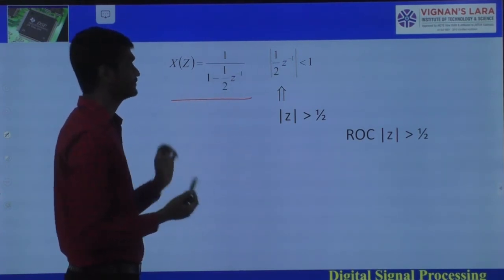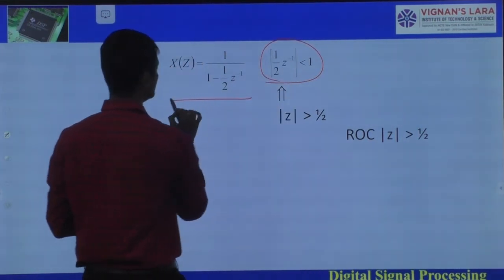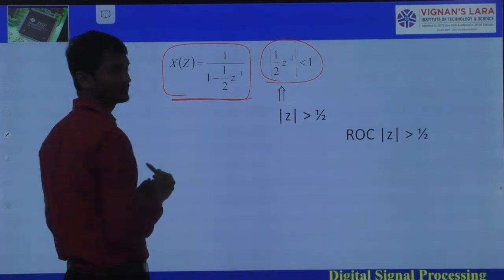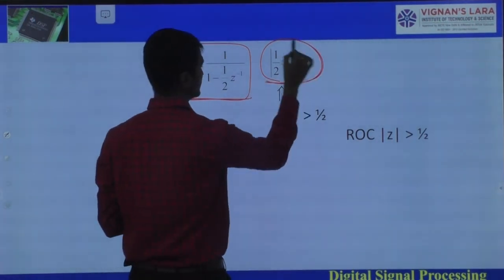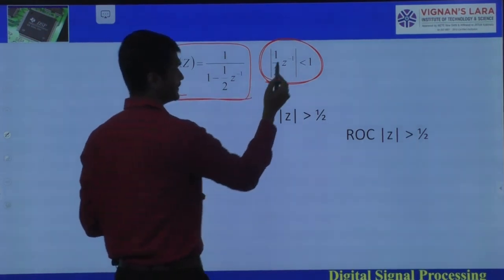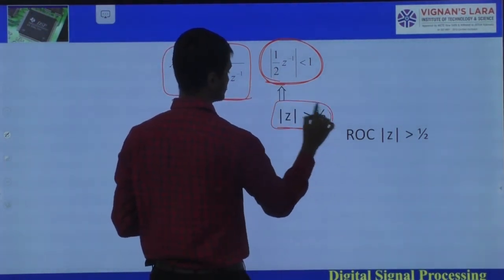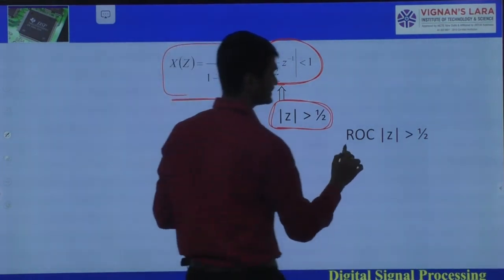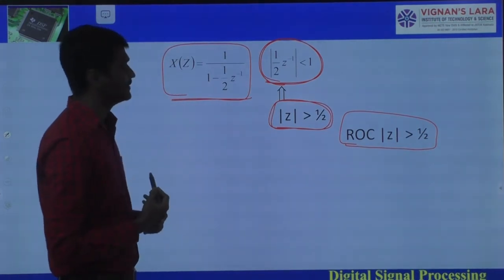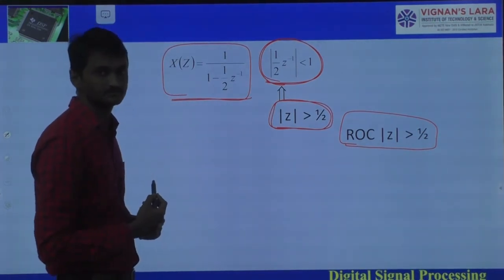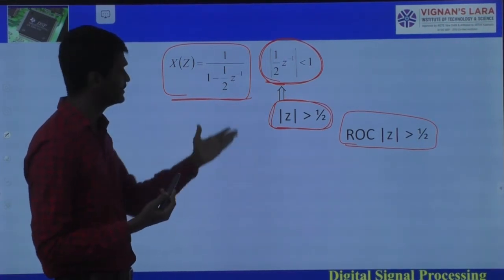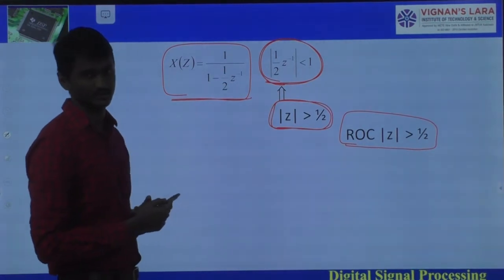That is, 1 by 1 minus 1 by 2 z power minus 1 is possible when 1 by 2 z power minus 1 is less than 1. So from that, mod z is greater than 1 by 2. That is the region of convergence, ROC. ROC for this problem is mod z greater than 1 by 2. If it is less than 1 by 2, the Z transform will not exist. Right?